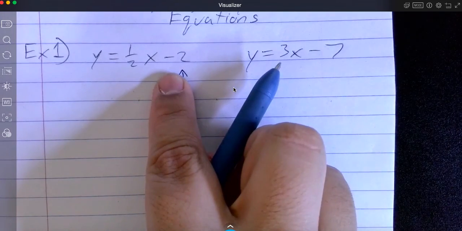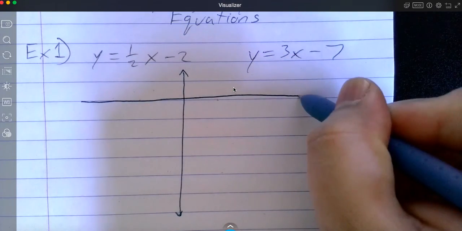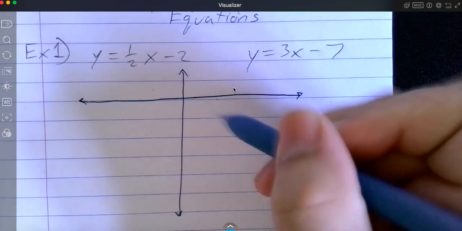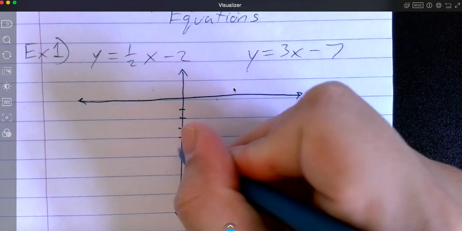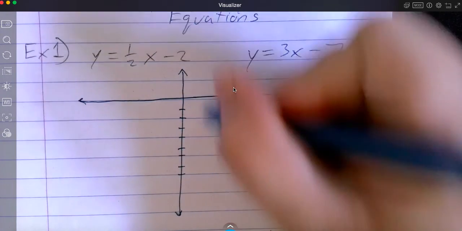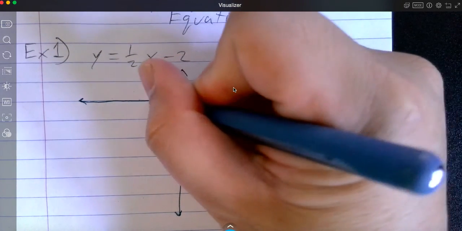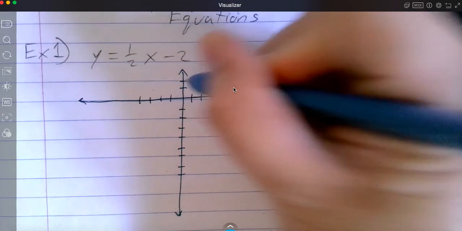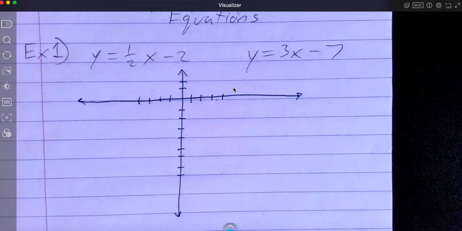And since they're negatives for the starting points, I'm actually going to make my graph more on the negative side. 1, 2, 3, 4, 5, 6, 7. Sorry, I wish I could give you all graphing paper, but just do the best you can.